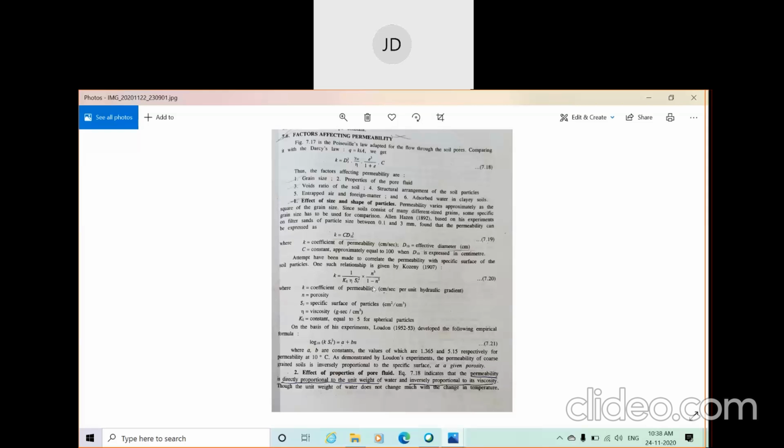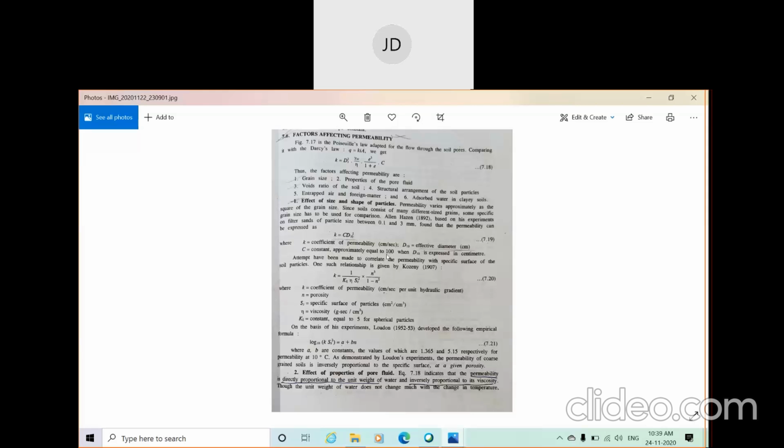Okay, in some exams, even one problem may ask you to find the coefficient of permeability if for a particular soil D10 is known to you. Suppose the D10 value is given, and you are asked to find the coefficient of permeability. Then you have to use this formula K is equal to C D10 square, where C is just a constant equal to 100.